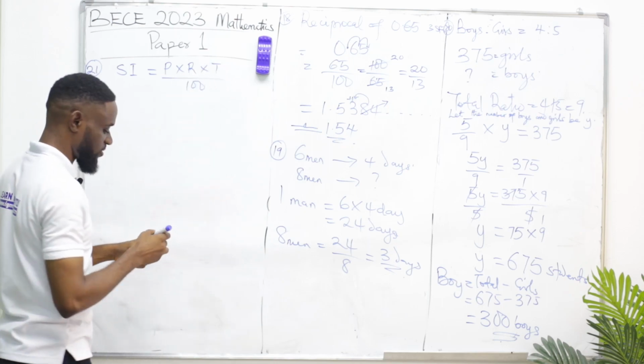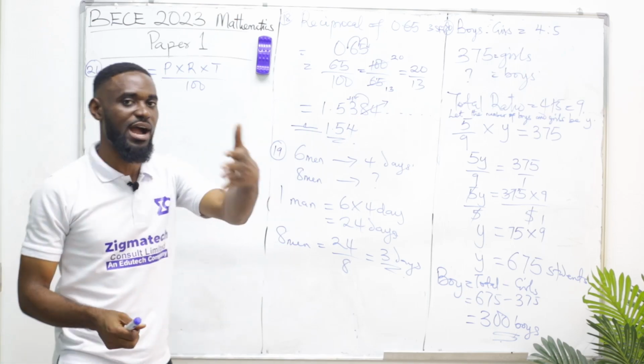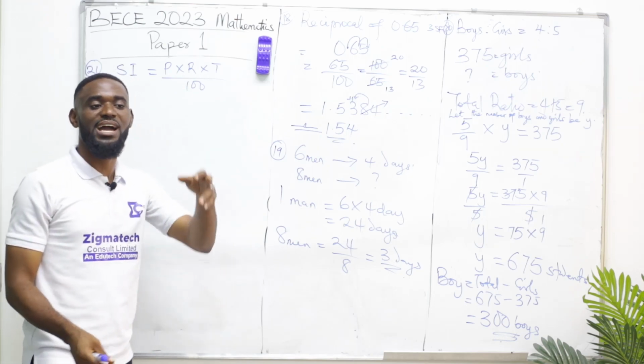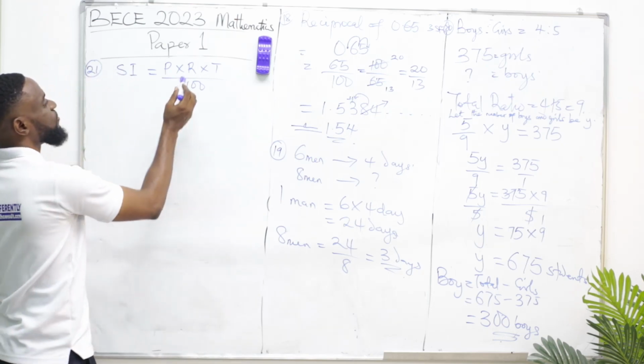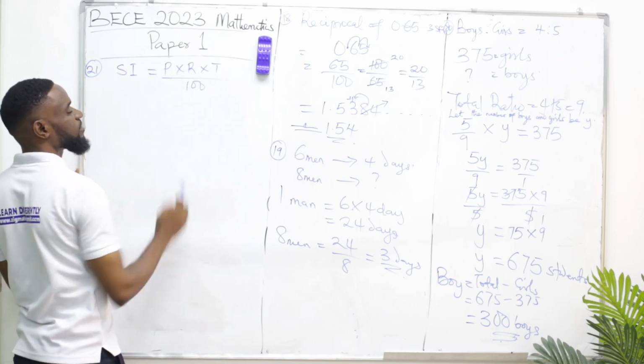Is that correct? That is correct. So the question you ask yourself is, what is the rate? What is the interest? Remember what they asked is rate. So we are looking for R.